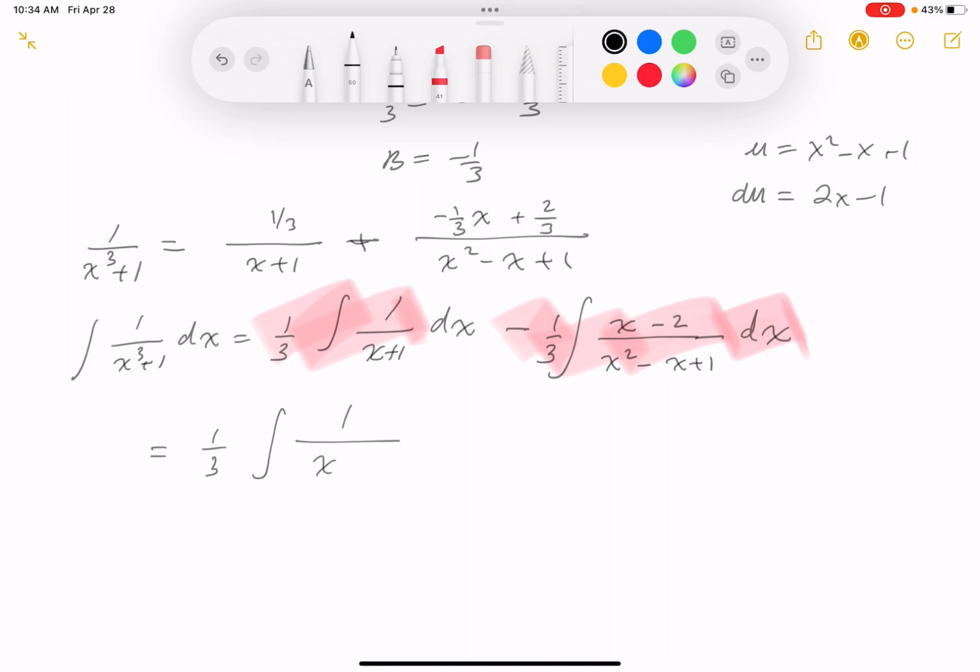1/3 times the integral of 1 over x plus 1 dx minus, well, let's take a look. I'd be careful. It's always a possibility that I put something down wrong. I can multiply the top by 2. So it'll be 2x minus 4 dx. Now I've got to divide by 2, so it's 1/6 now.